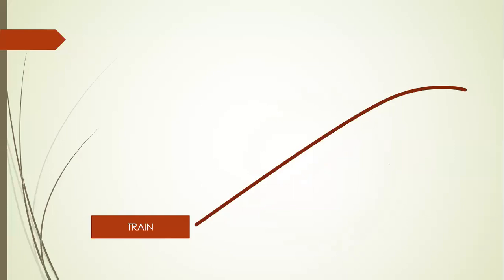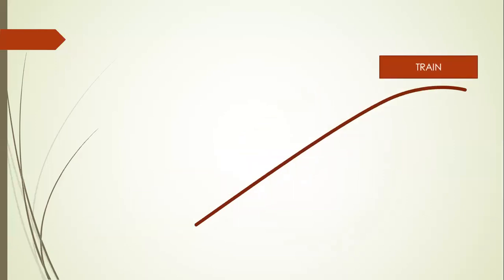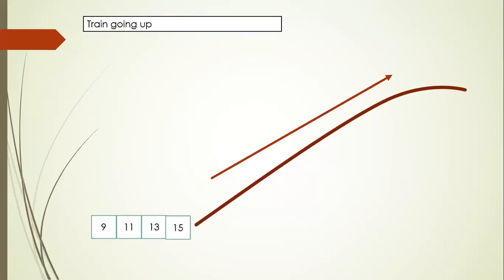So as you know, we have an electric train mountain that is going to go up and down a mountain. It will be going at 4 different time intervals: 9, 11, 13, and 15.